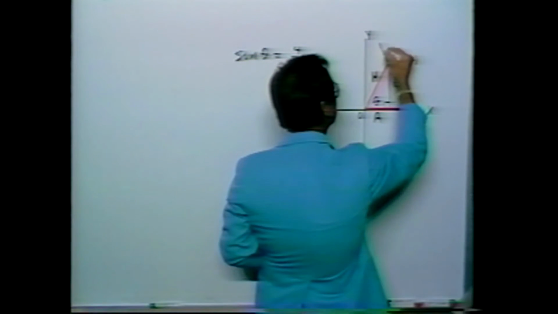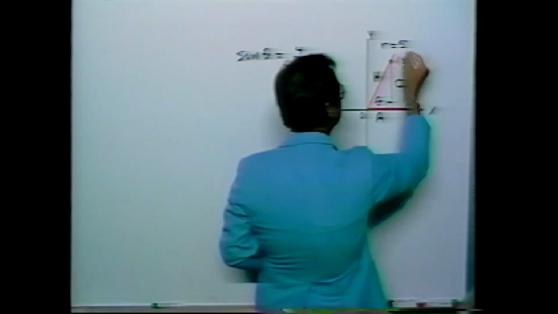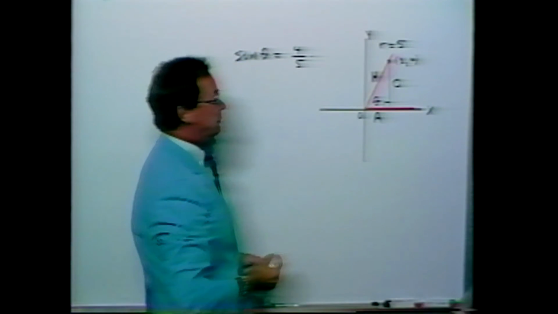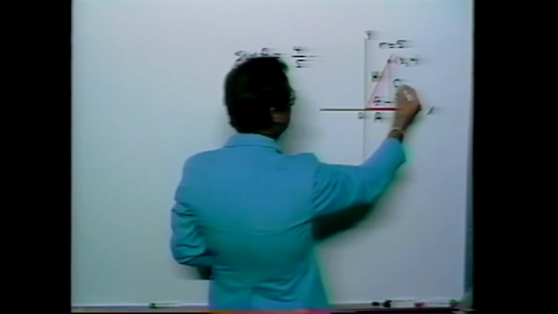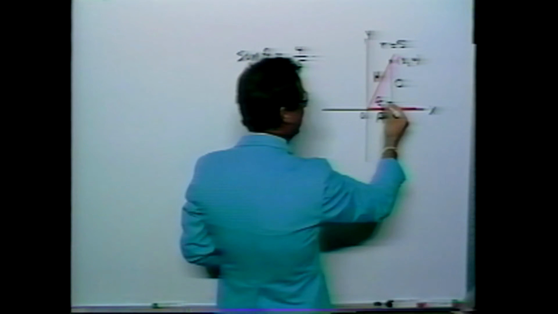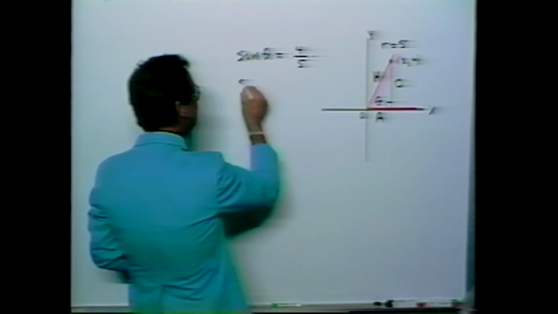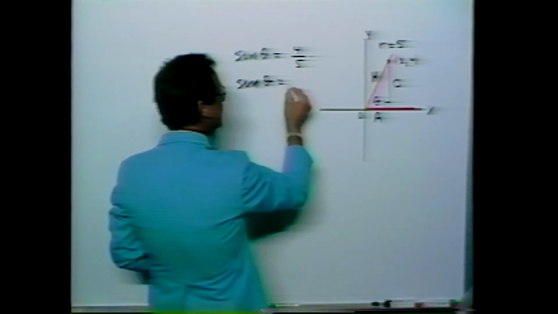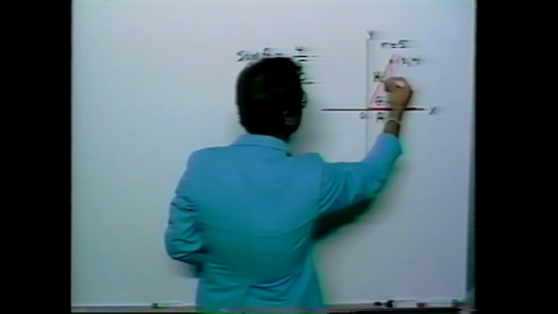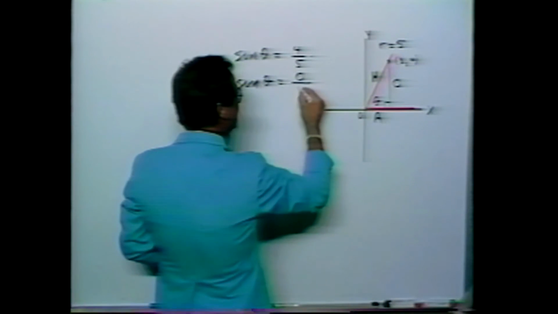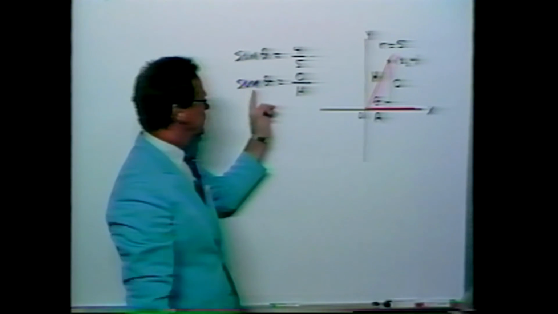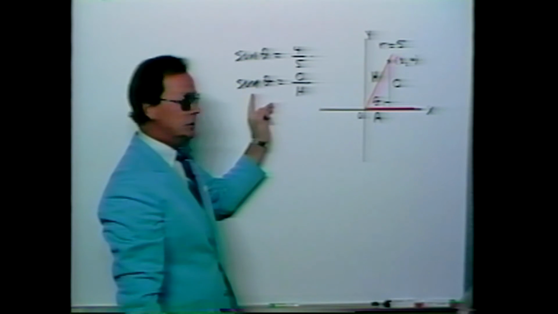R, recall, was equal to 5, the length from the origin to the point 3, 4. As you can see, 4 is the length of the side opposite the angle theta. And so we can define the sine of theta in that right angle triangle as equaling the opposite over r, which in this case is the hypotenuse, which therefore is represented by h. In a right angle triangle, you should memorize this definition.